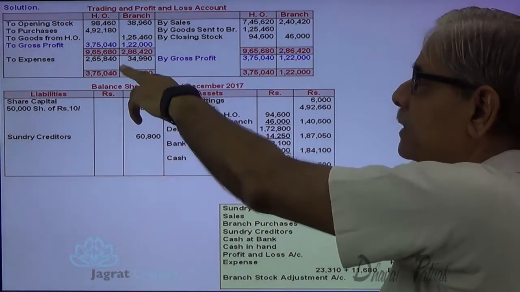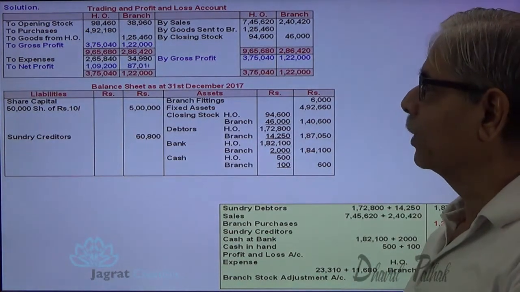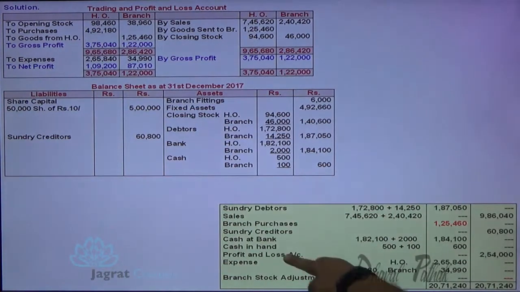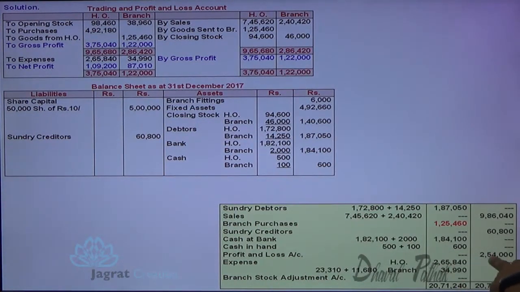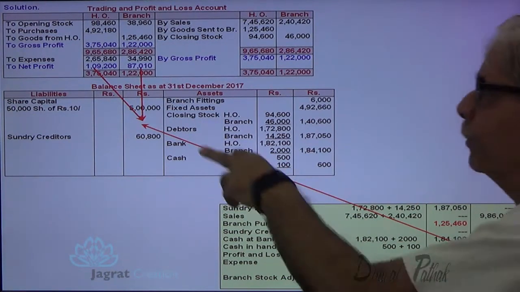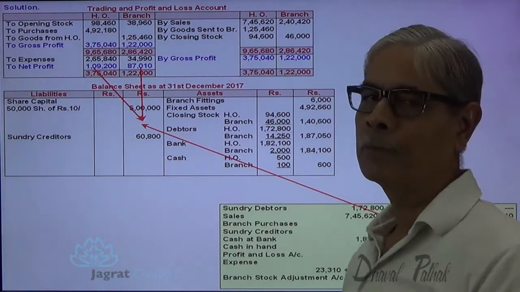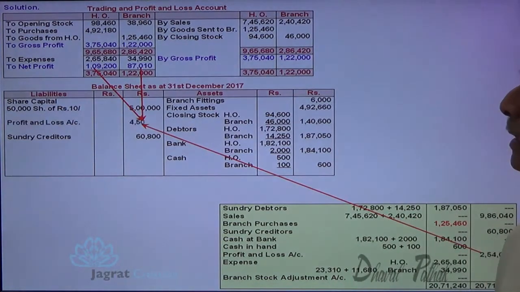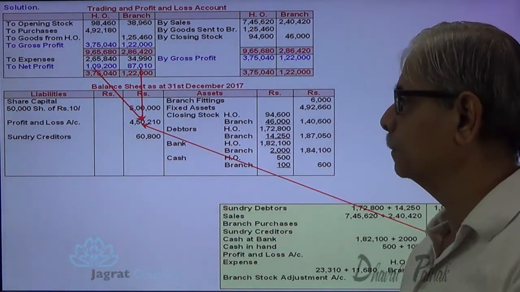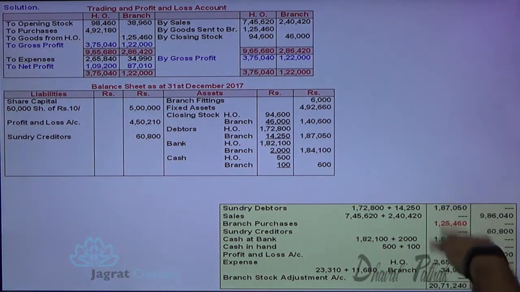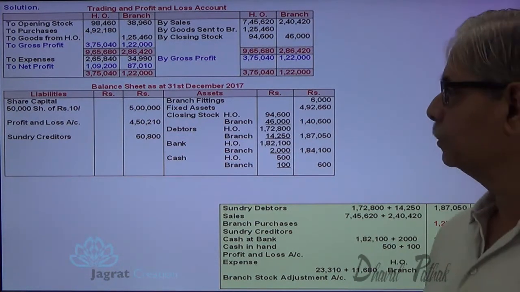Now this net profit will appear on the balance sheet. This total plus profit and loss account balance is already there, 2,54,000. So 2,54,000 plus these two profits, all the three profits together, 2,54,000 plus 1,09,200 plus 87,010. This is the profit and loss account balance. This is how all the details are considered now.